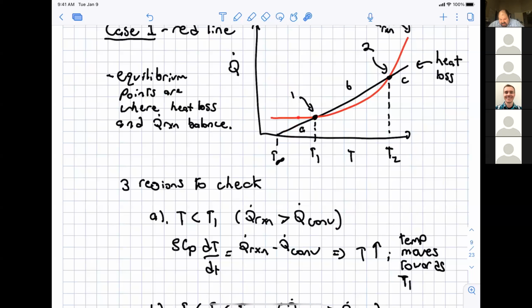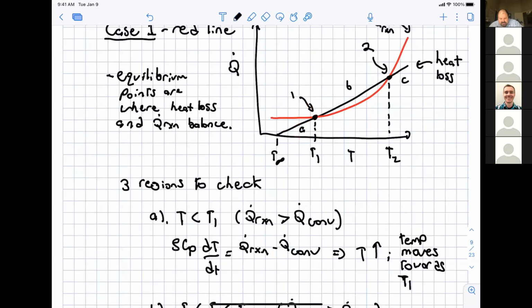But at this point here, the heat generation due to chemical reaction is still larger than the convective heat transfer loss. And so the temperature goes up, and you can keep playing this game. But if you notice, the difference between the heat generation due to chemical reaction and the heat loss due to convective heat transfer gets smaller and smaller and smaller.